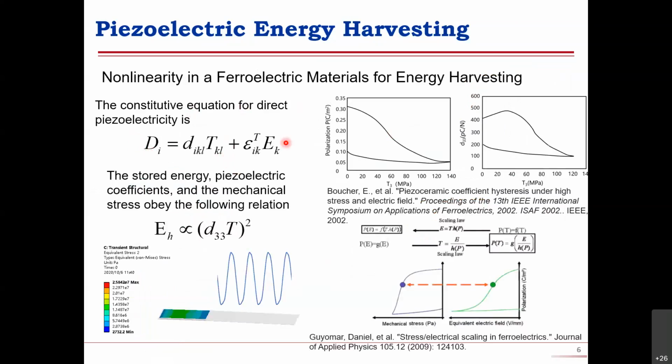This equation is always correct. However, this d, the piezoelectric coefficient, is actually nonlinear. According to Butcher's research, we can see that with a large mechanical stress, the polarization will decrease.